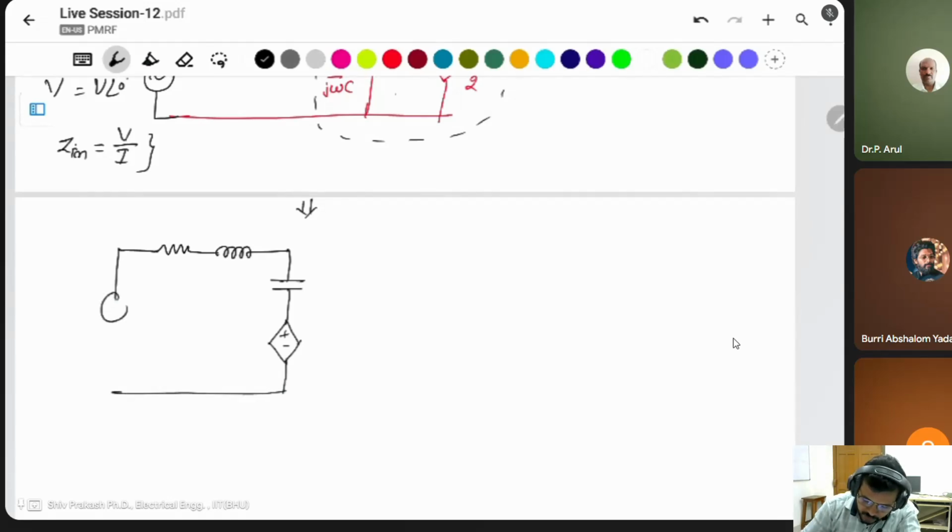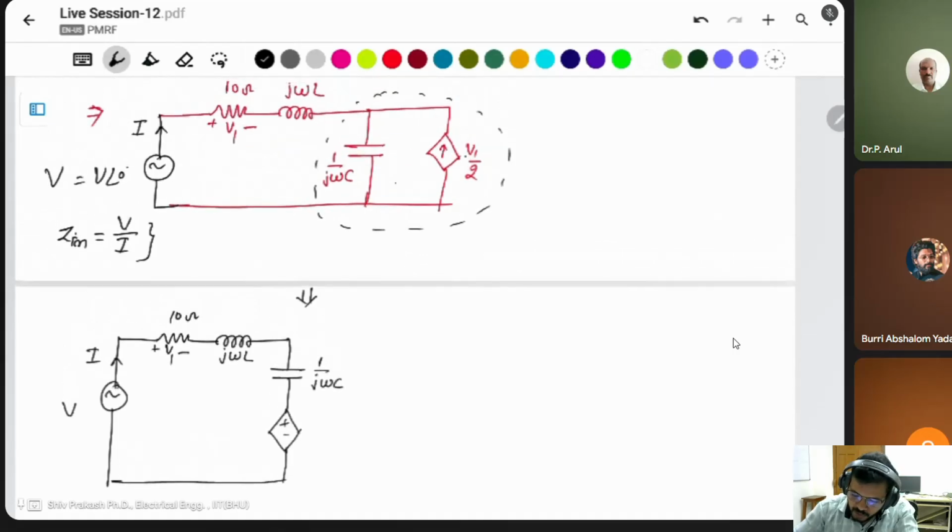This will be 10 ohm, or R 10 ohm, plus or minus V1, and j omega L. The impedance is not changed, only the source changes.